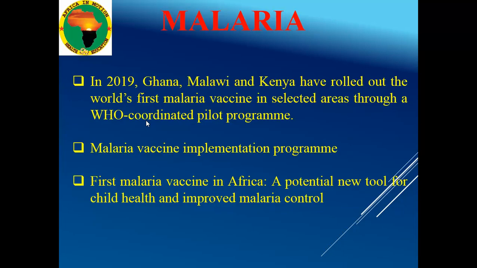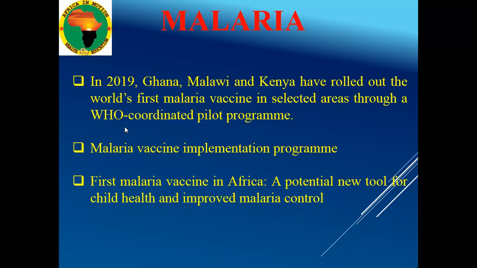World Health Organization is doing a lot to make sure that malaria is controlled. They are trying a vaccine now, where in 2019, Ghana, Malawi, and Kenya rolled out the first trial of this malaria vaccine. It's a pilot program.